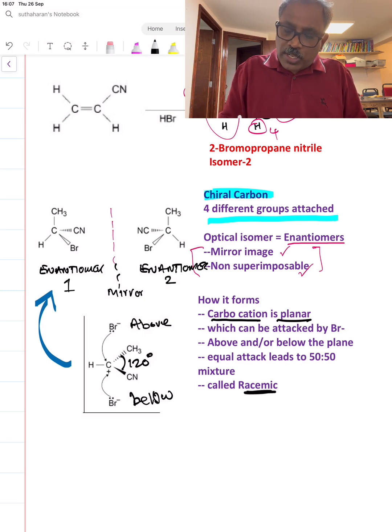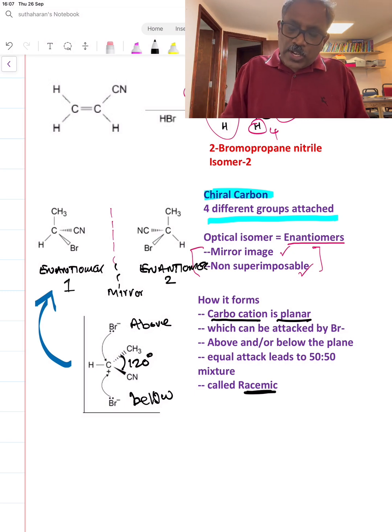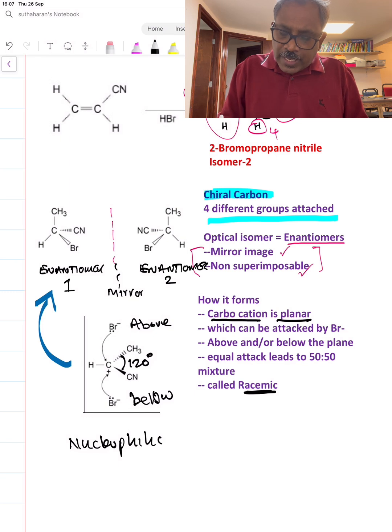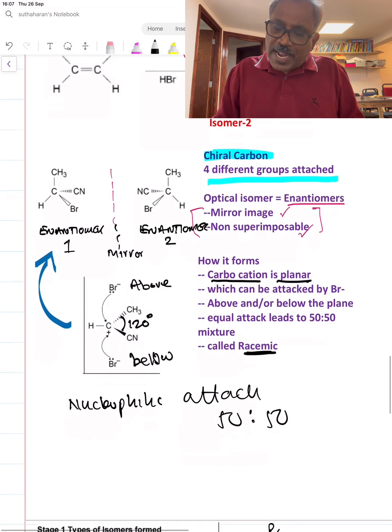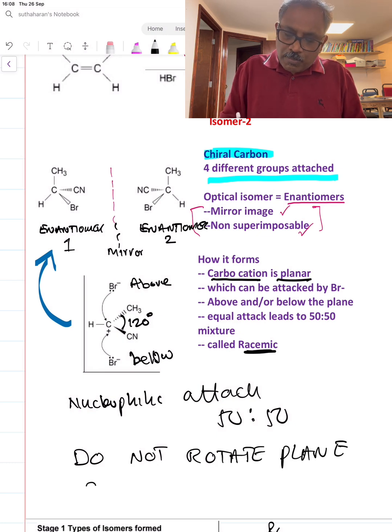A racemic mixture forms when the attack of the bromide ion, in other words, the nucleophilic attack on the carbocation, is 50-50, or equimolar, equal amounts. It forms a racemic mixture, which does not rotate the plane of polarized light.